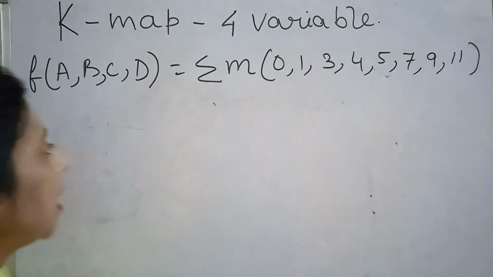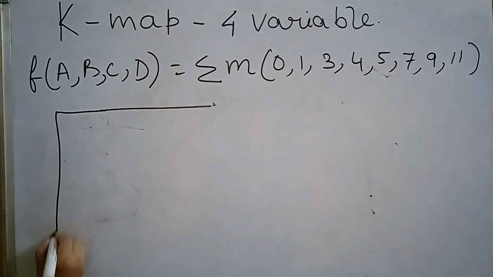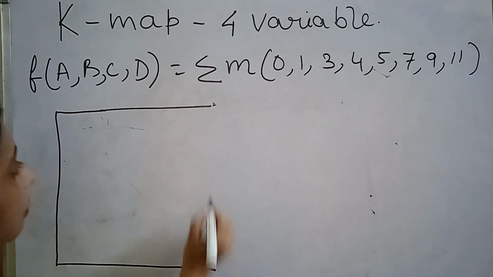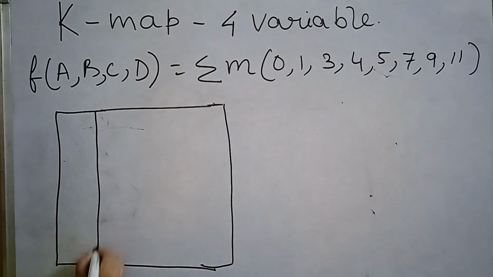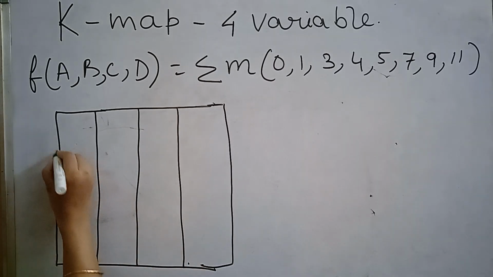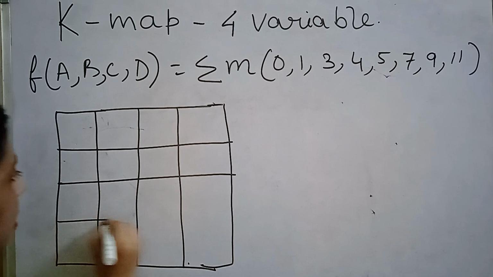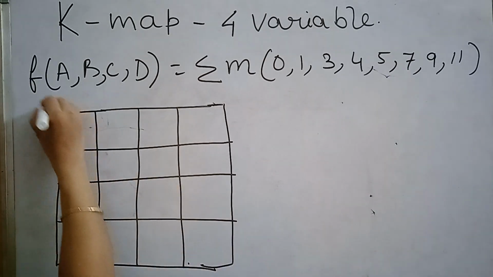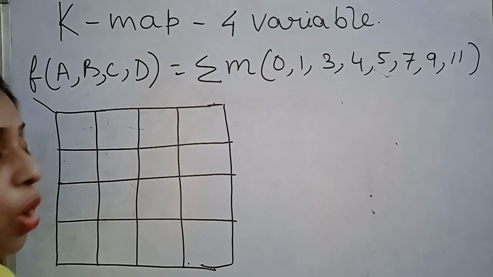So let us do the Kmap. We will have to make a 16 box Kmap, so there will be 4 columns and 4 rows. Now we will put 2 variables in rows and the other 2 variables in columns.